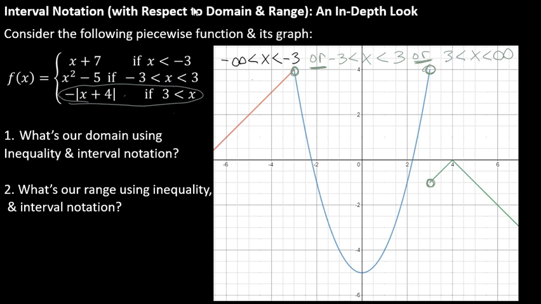Again, what we're basically saying is that x does not equal -3 because we excluded it here and here. We had that open circle coming from this direction and an open circle going here from this little parabola.